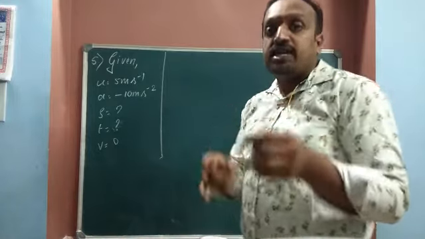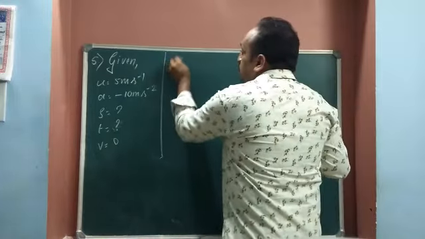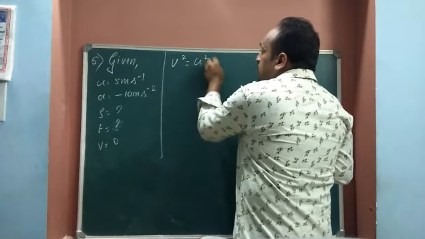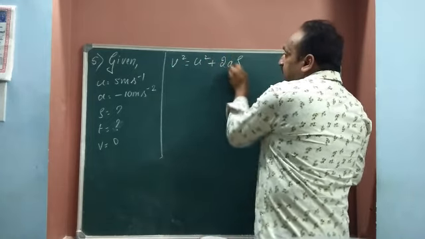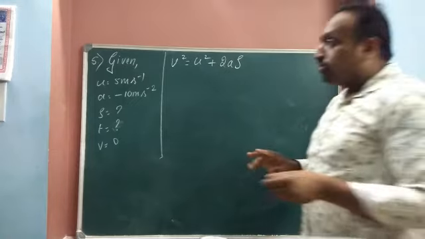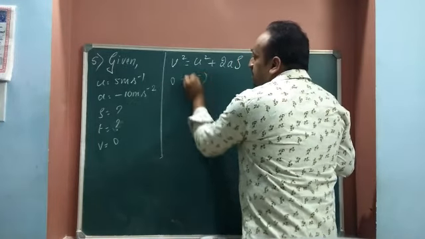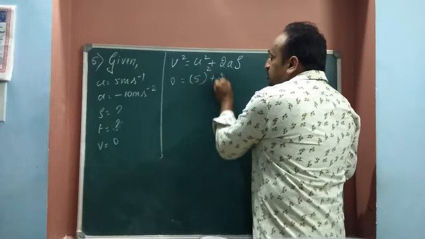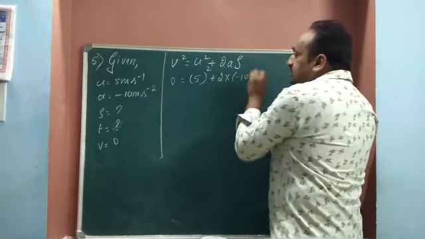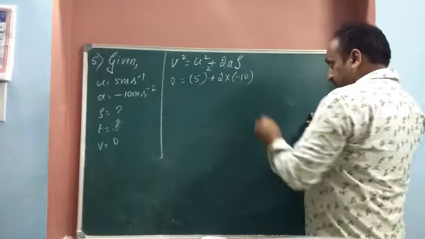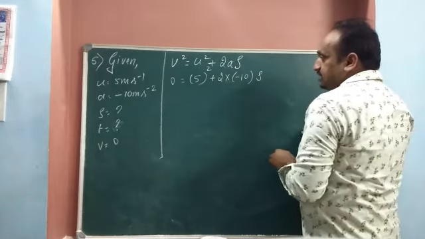To find the value of s, we are going to use the formula v square is equal to u square plus 2as. Substitute the value which you know. As I said, v is 0, u is 5, so 5 square plus 2 into a is minus 10 and s.